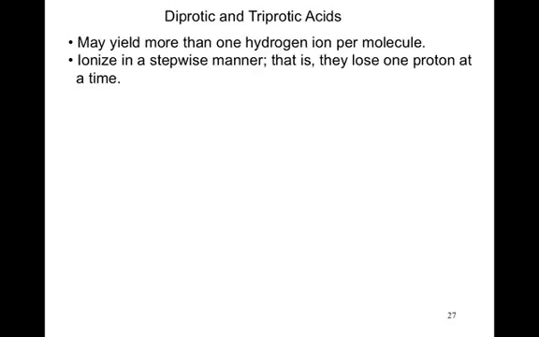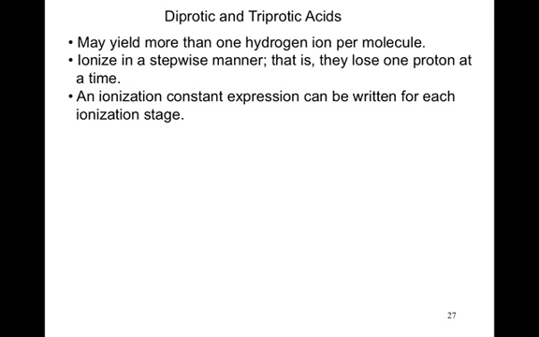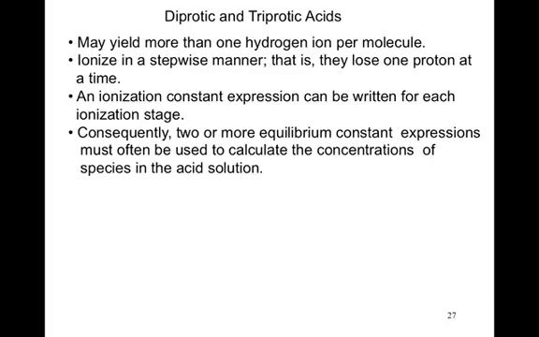So they lose one hydrogen, and then they lose another hydrogen later. And then if they have another one, they lose that last one later. So an ionization constant expression, we actually have to write it for each ionization stage. So we have to write the breakdown in 2 different steps or 3 different steps. You got to do it for each time it loses a hydrogen. So consequently, 2 or more equilibrium constant expressions must often be used to calculate the concentrations of the species in the acid solution.